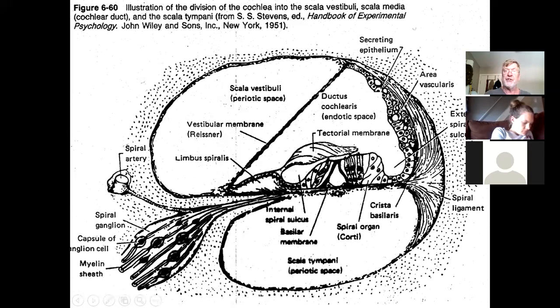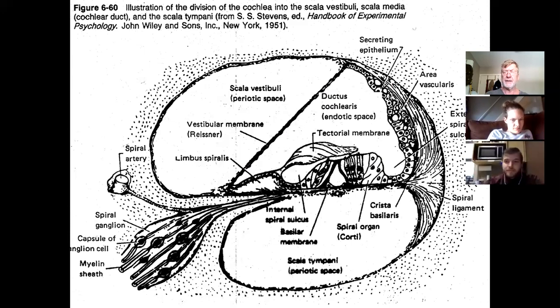And what divides the scala vestibuli from scala media is Reissner's membrane. Reissner, Herr Reissner, yeah? Okay, Reissner's membrane. And what separates the scala media from the scala tympani on the bottom is called the basilar membrane.